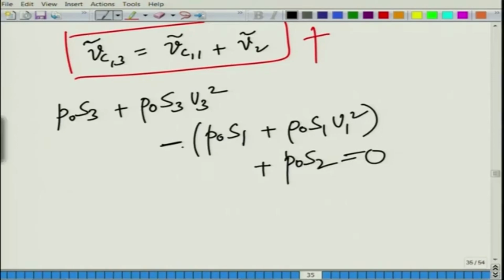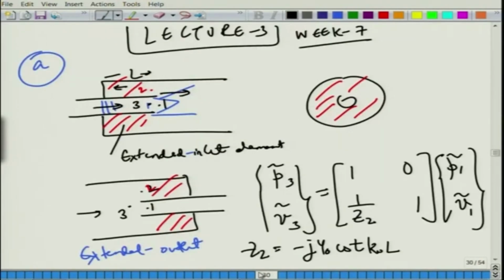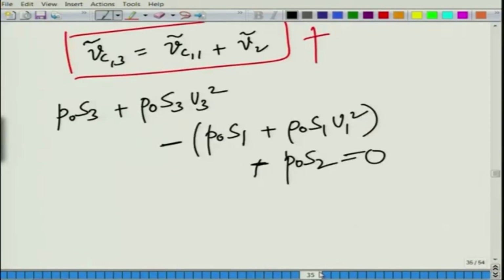Now, this minus sign here and the plus 1 that goes on here is only for an extended inlet element. For an extended outlet, here we will have minus. Let us first deal with an extended inlet, the figure that I had just drawn back in this slide, figure A. For figure B, it will be minus. Anyhow, what we will do is perturb the equation as usual.